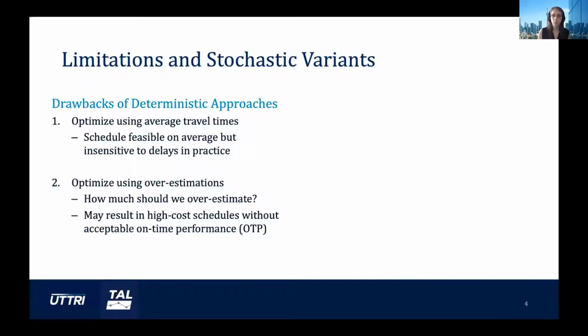That's one of the main questions. And if you overestimate too much, then you will have schedules that have high costs. Maybe you will require more buses than you actually need. And there's no guarantee that you're actually going to have an acceptable on-time performance, so that passengers observe fewer delays.